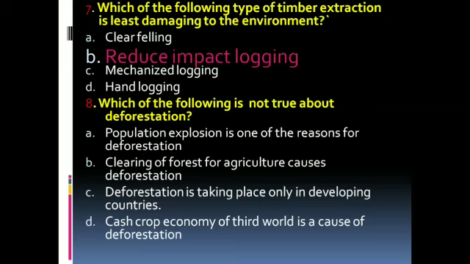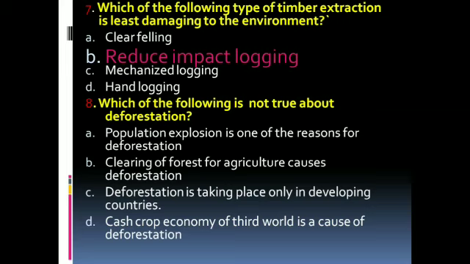Which of the following is not true about deforestation? Population explosion is one of the reasons for deforestation. Clearing of forest for agriculture causes deforestation. Deforestation is taking place only in developing countries.